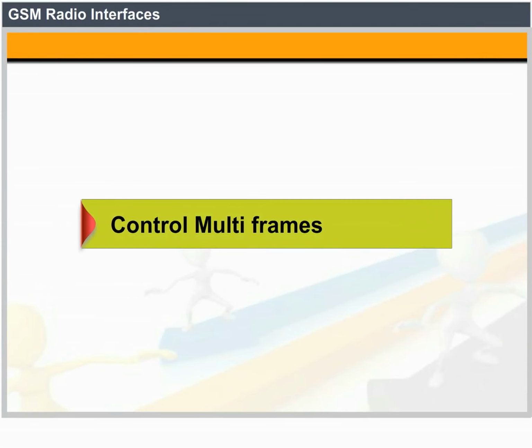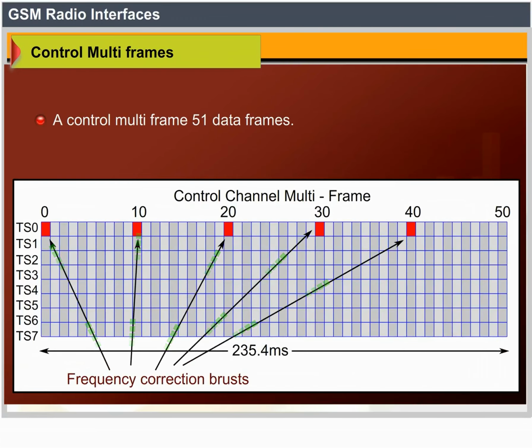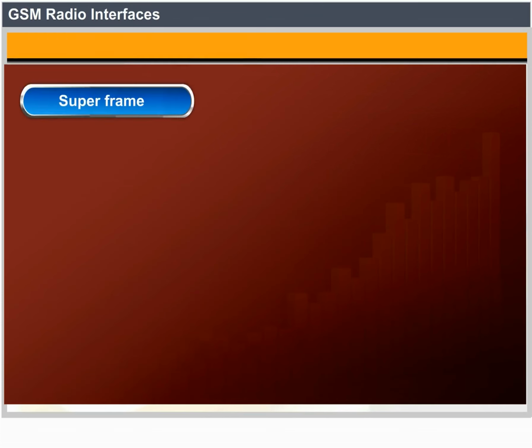Control multi-frames. A control multi-frame has 51 data frames. A control multi-frame transmits in 51 × 4.615 ms, equal to 235.4 ms. A traffic multi-frame transmits in 120 ms. Superframe.